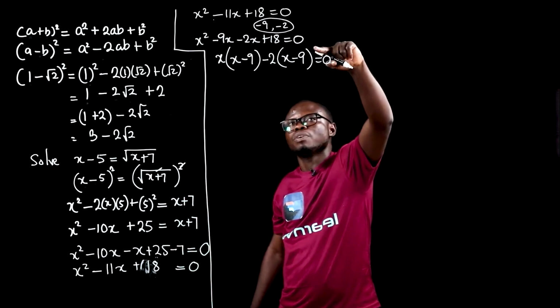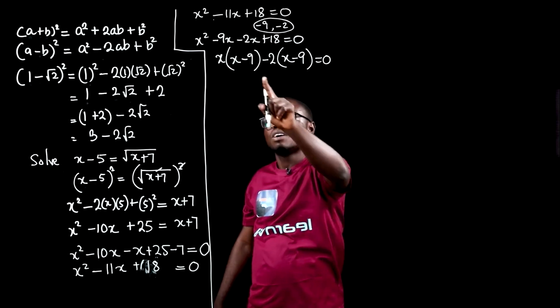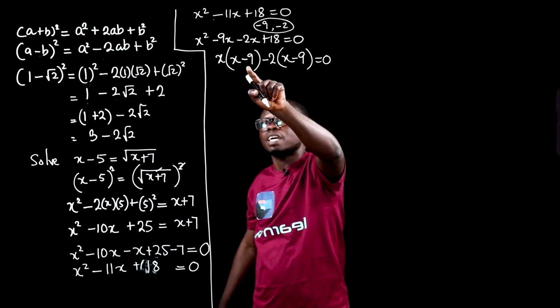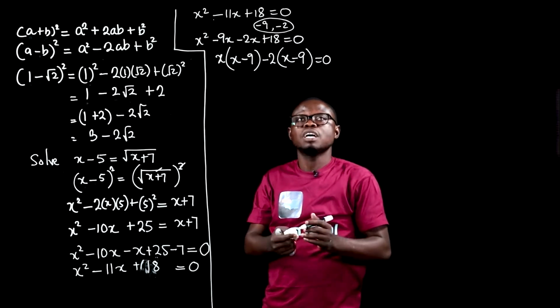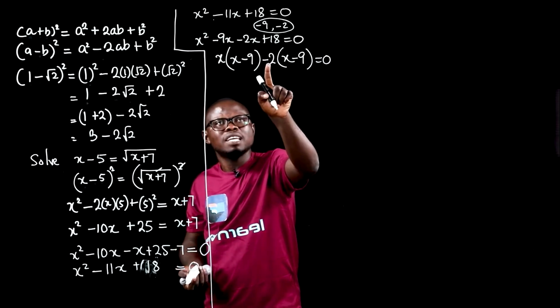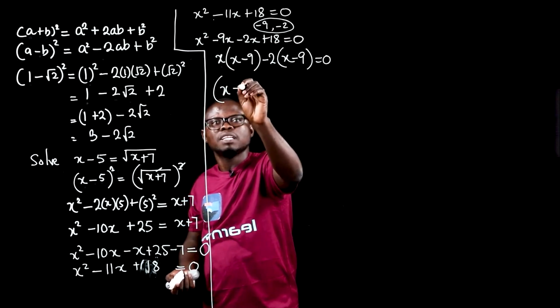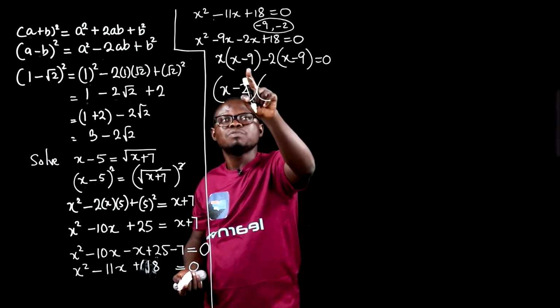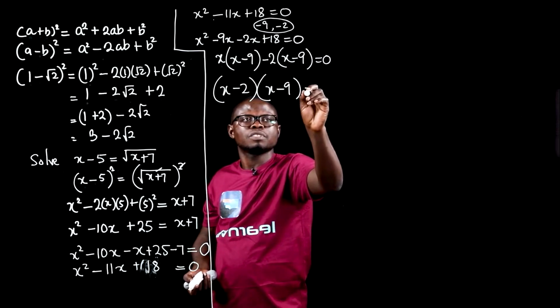At this point of factorization, remember your guide. What you have in the first bracket should always be equal to what you have in your second bracket. Then we go on to bring the outside expressions into one bracket. X is outside here, minus 2 is outside here. Then we repeat one of the brackets. X minus 9 is equal to 0.